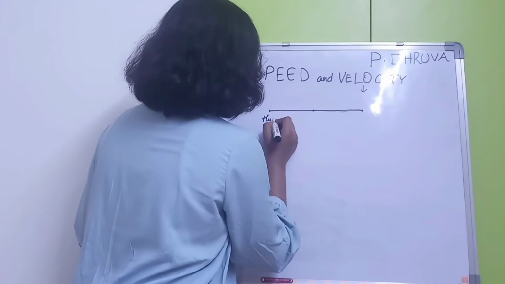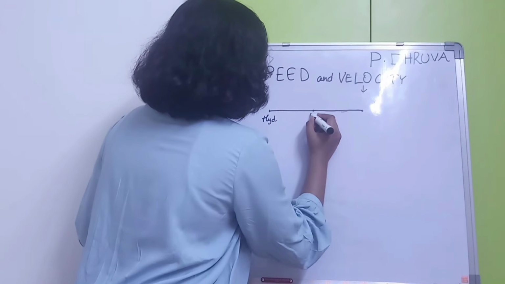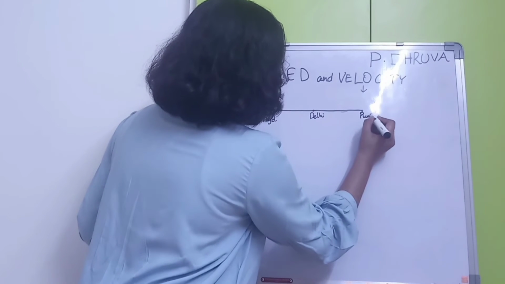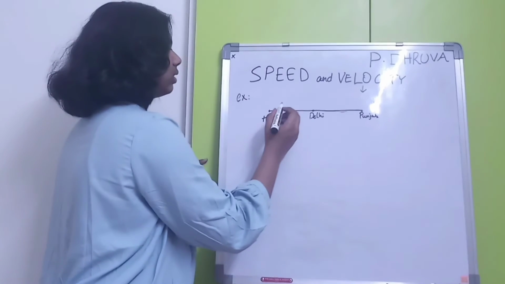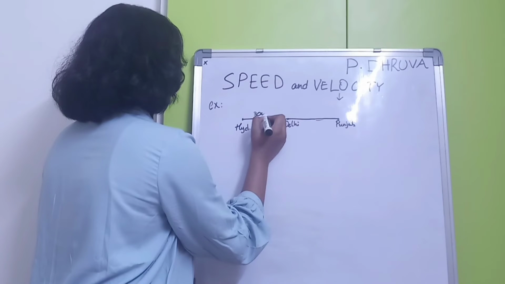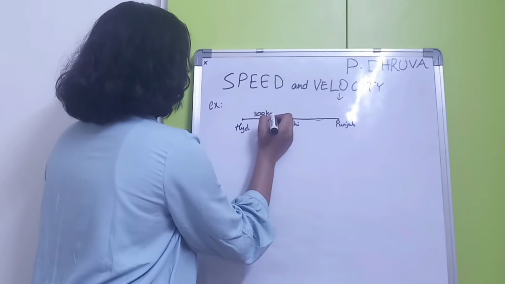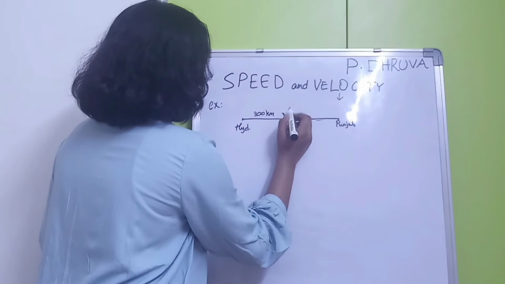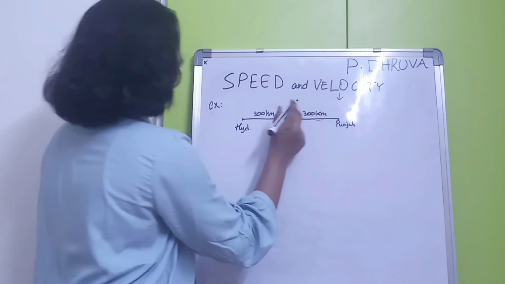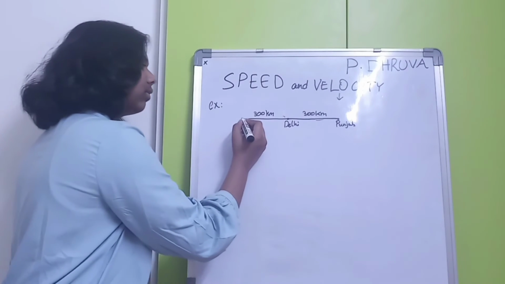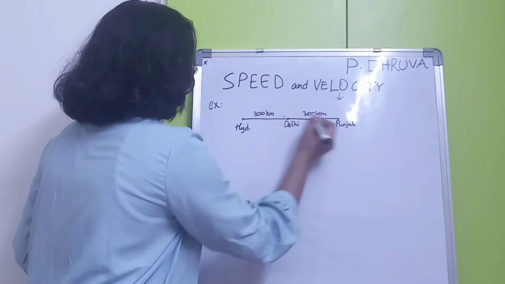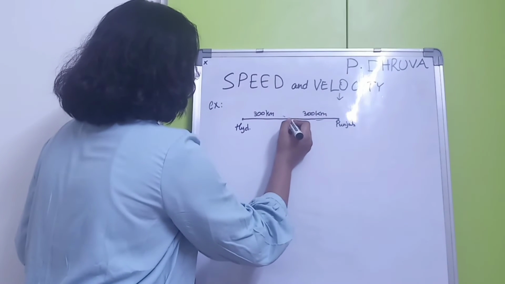This is Hyderabad, Delhi, and this is Punjab. Let's assume the distance between all these three locations is 300 kilometers. Now you're at Hyderabad and you travel from Hyderabad to Delhi, then to Punjab, then again you head back to Delhi.